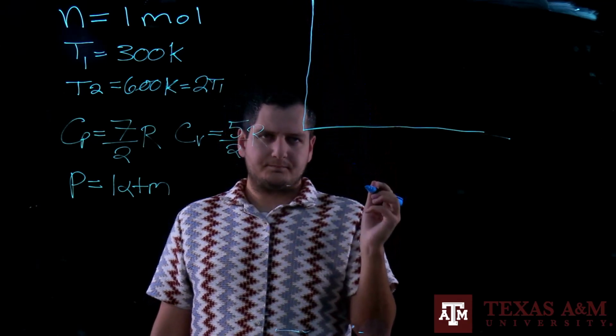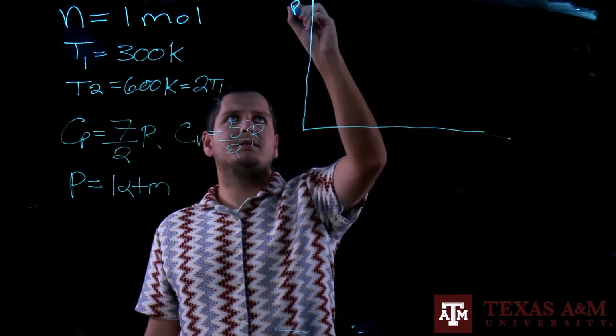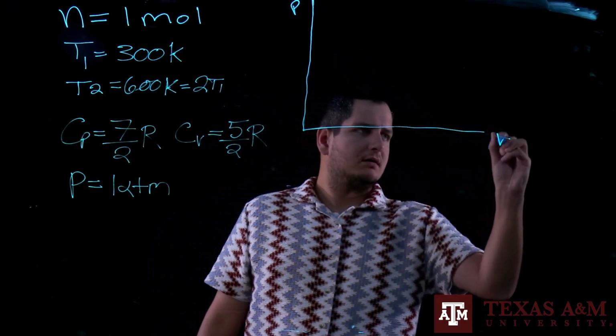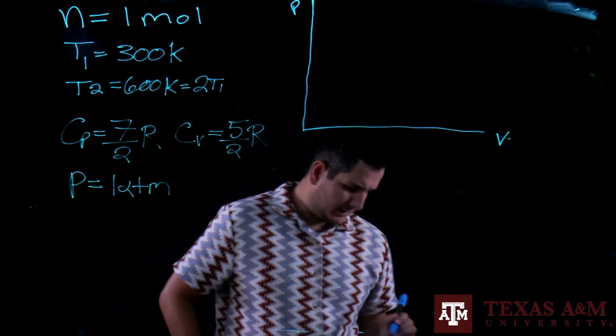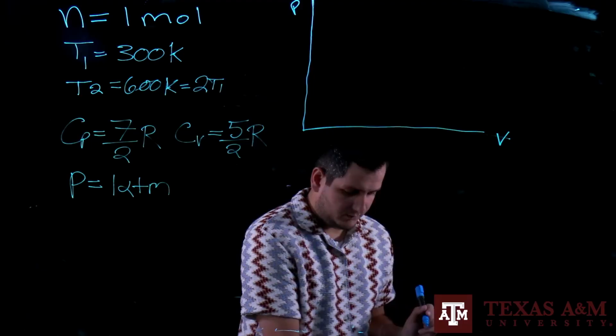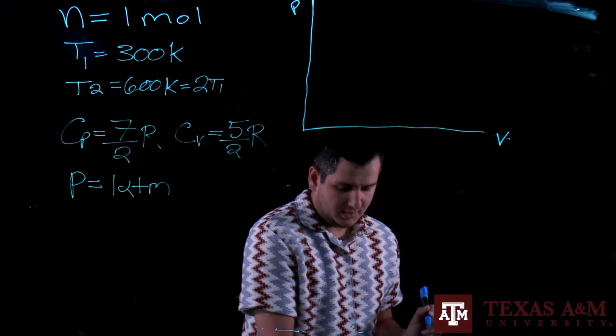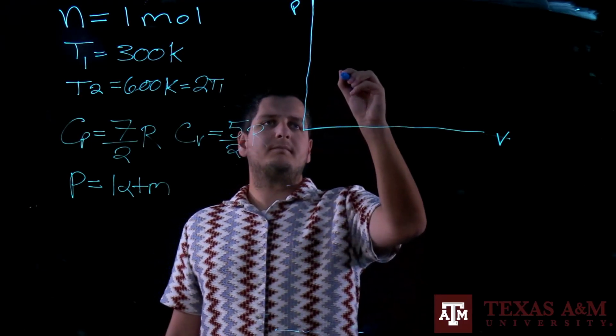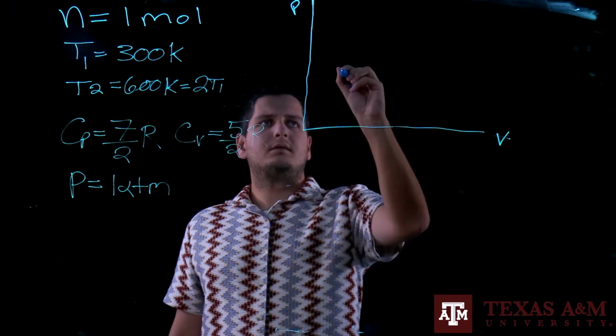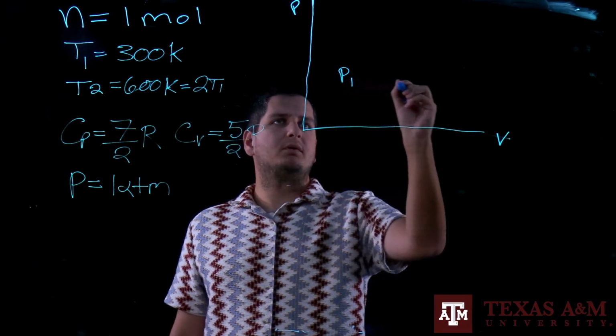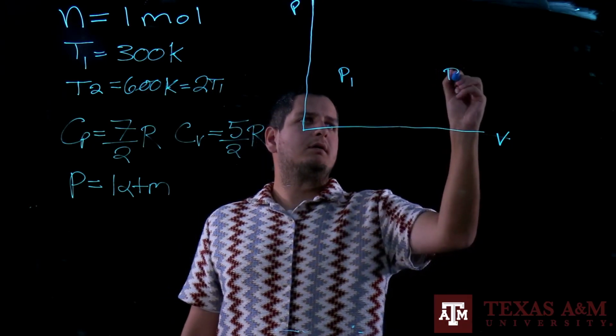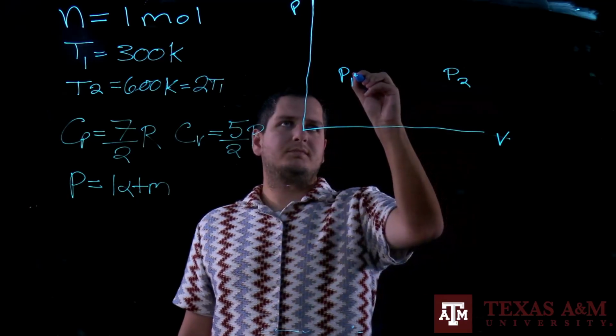There you go. So here's P, there's V. And then we are told that we are going from P1 to P2.